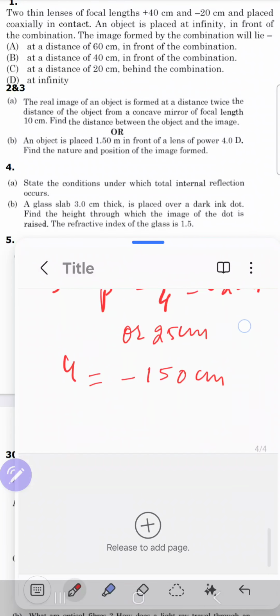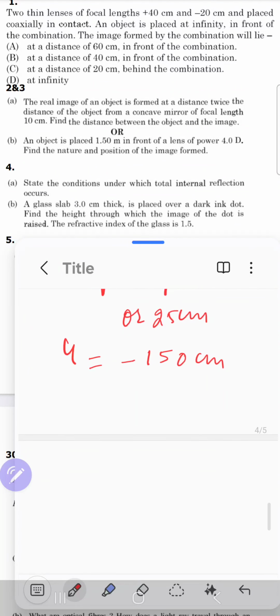Now let's find out the value of v using the lens equation. The lens equation is 1 over f is equal to 1 over v minus 1 by u.